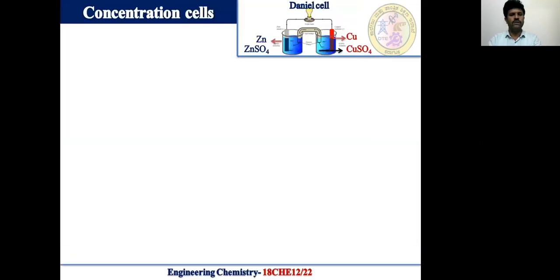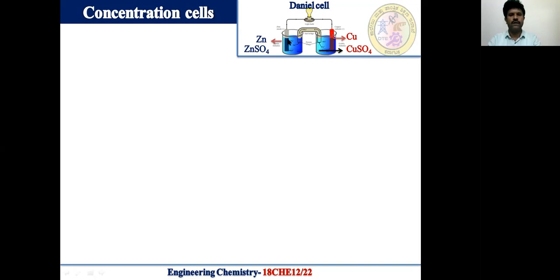Before starting concentration cells, I will go through the construction of Daniell cell. In Daniell cell, anode and cathode are made up of different metals immersed in different electrolyte solutions, internally connected through salt bridge and externally connected through electrical conductor.